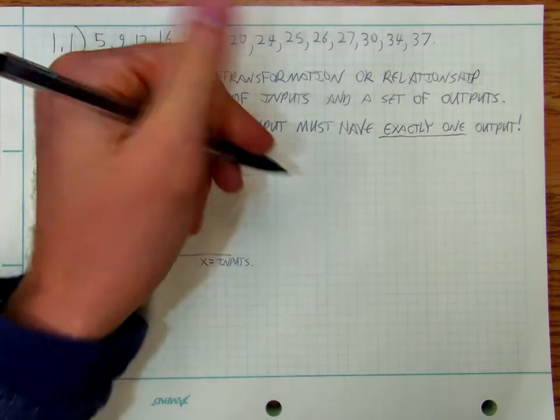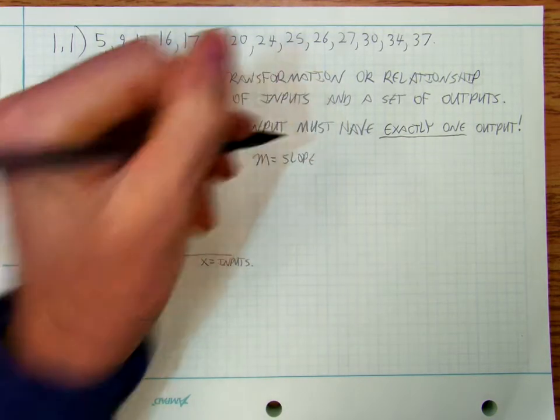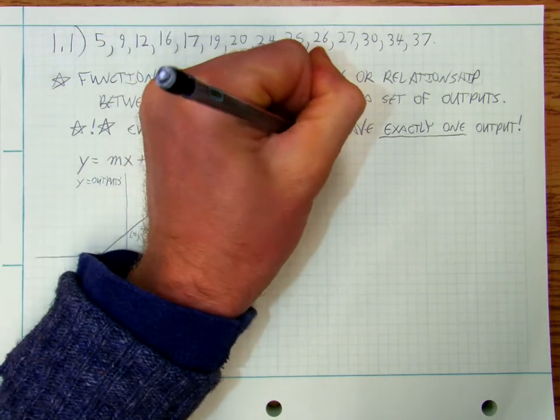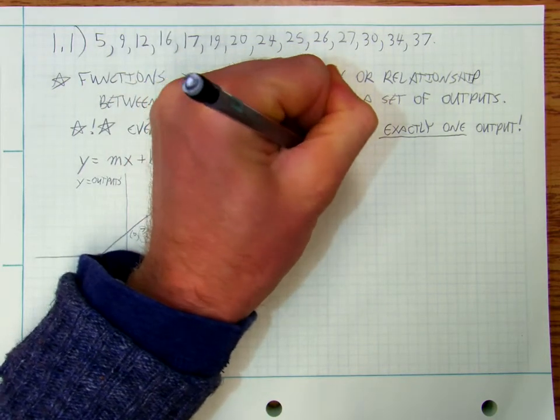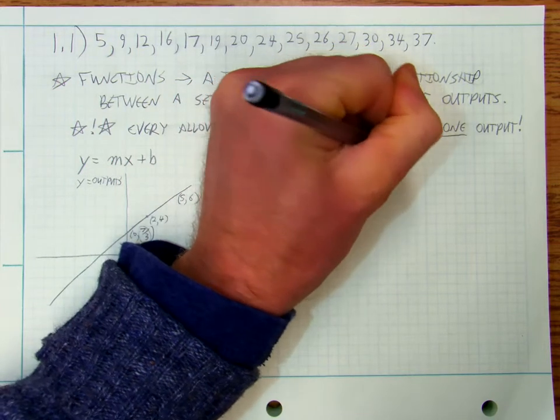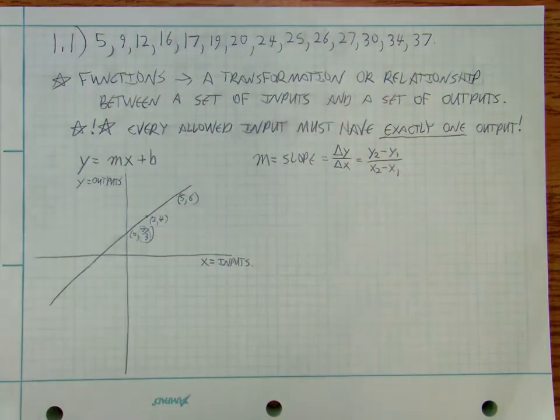Well, m is the slope, and this is going to factor really critically in our understanding of calculus. So slopes are critical to our understanding of calculus. And so that's going to be change in y over change in x, or y2 minus y1 over x2 minus x1.